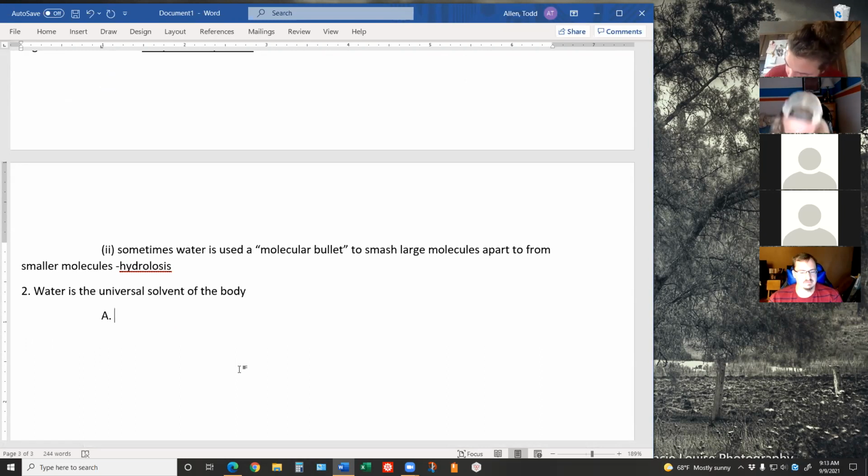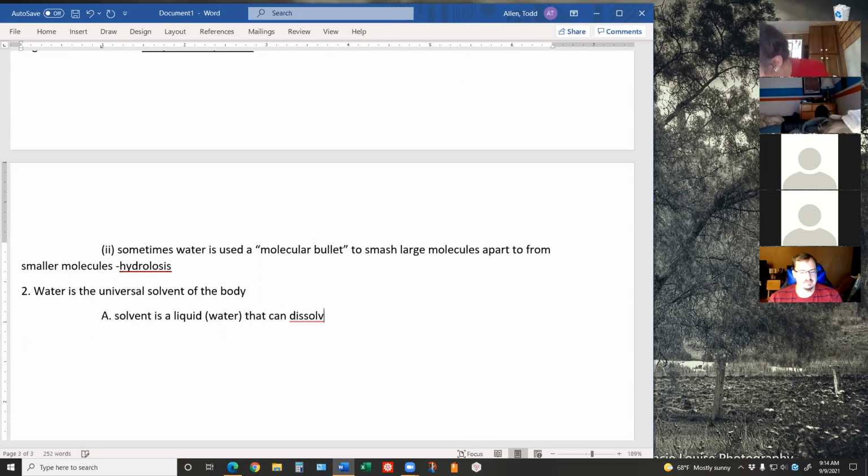So a solvent is a liquid, which in the body is going to be water, that can dissolve molecules. Okay, that means it can break them apart. It can separate some of the atoms from other atoms. And you should certainly be aware of this phrase: a solution equals a solute plus a solvent.